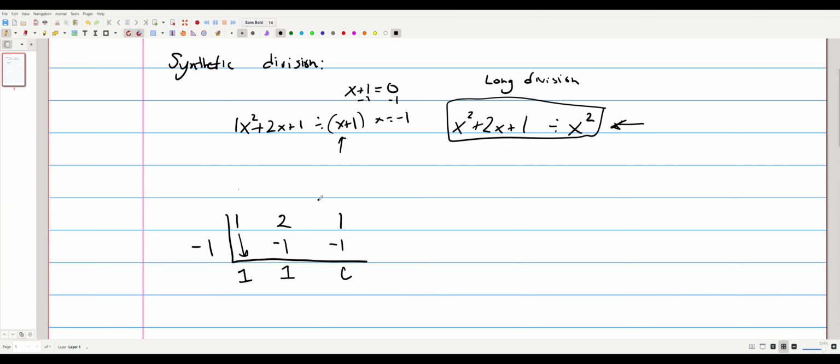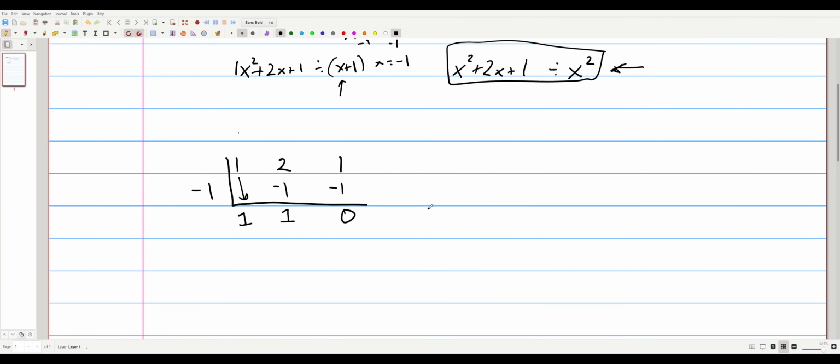And 1 plus 1 is 0. And so recall here we had 1x squared plus 2x plus 1. And so our solution is going to be 1 power less. So because we started with an x squared, this answer is going to be the same as writing x plus 1.